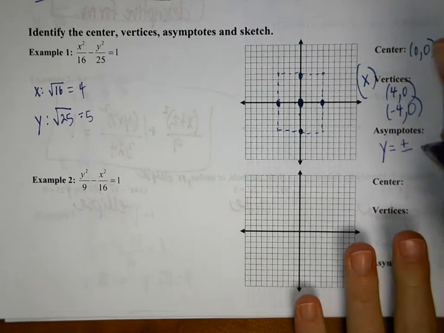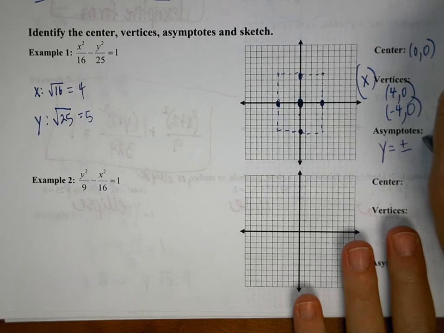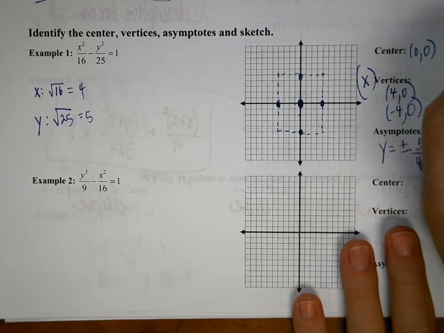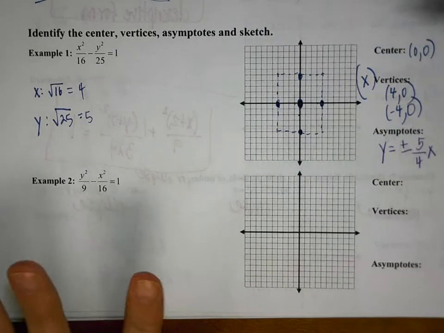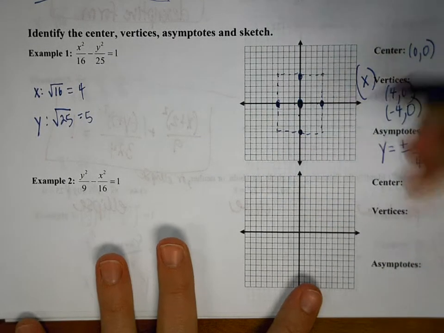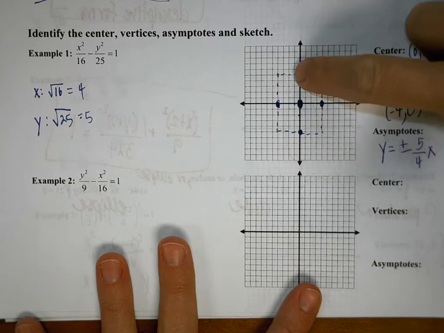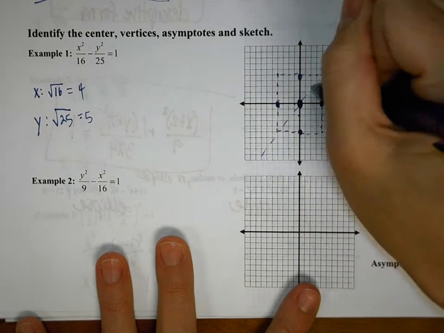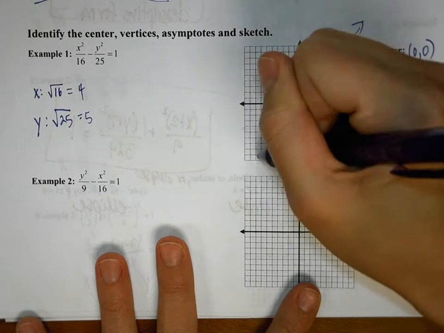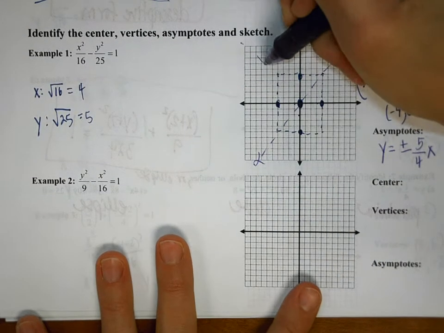So that's going to be plus or minus what? 5 over 4x. That represents a line. And you don't actually have to figure it out on here. All it is, if you go up 5, right 4, you'd make a point. Your lines are just diagonal through the box corners and your center.